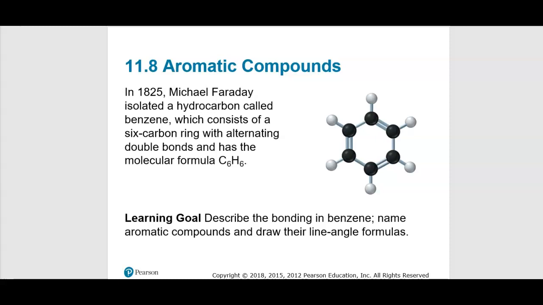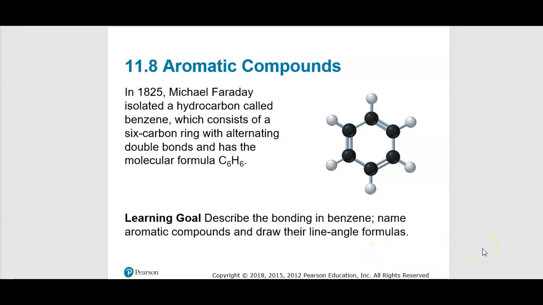Benzene actually has a fairly pleasant smell. Toluene is one that you probably have smelled here and there. It has a very pleasant smell to it. And there's a few others like that.